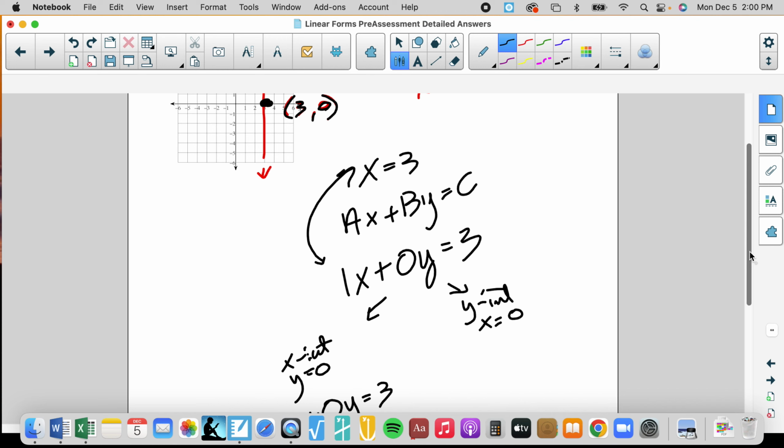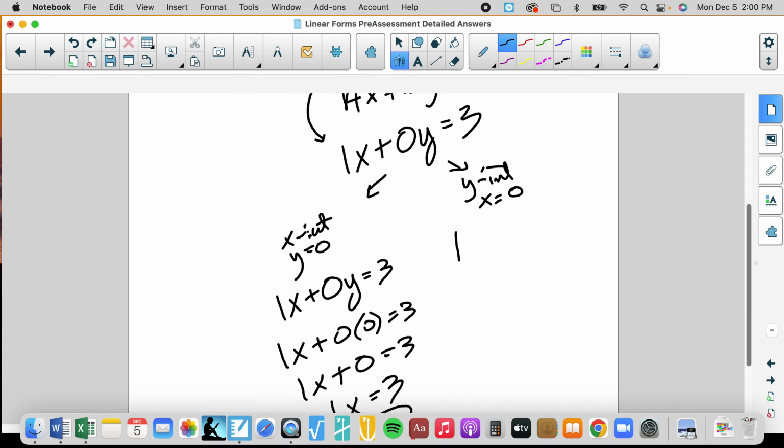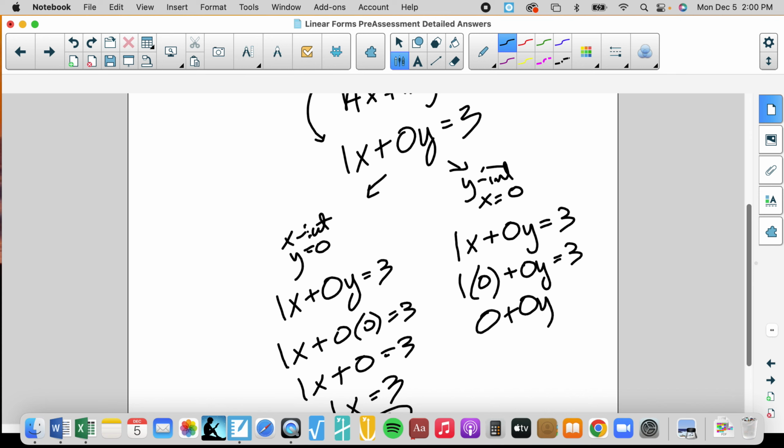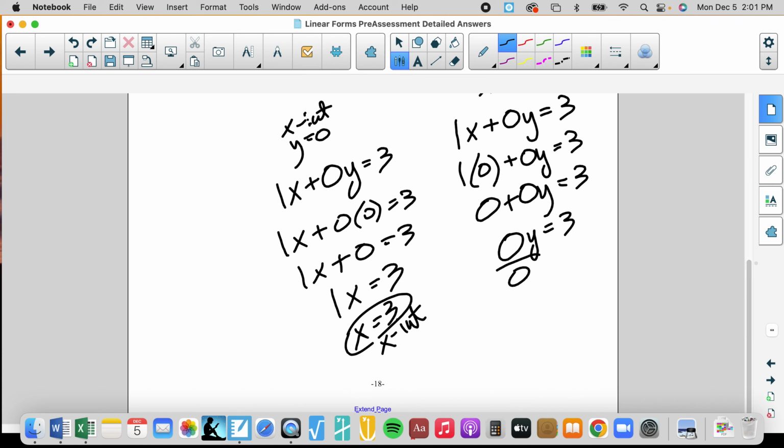Now let's do the y-intercept. So here's our starting equation. Plug in 0 for x. 1 times 0 plus 0y equals 3. 1 times 0 is 0. 0 plus 0y is 0y. And now we divide by 0.